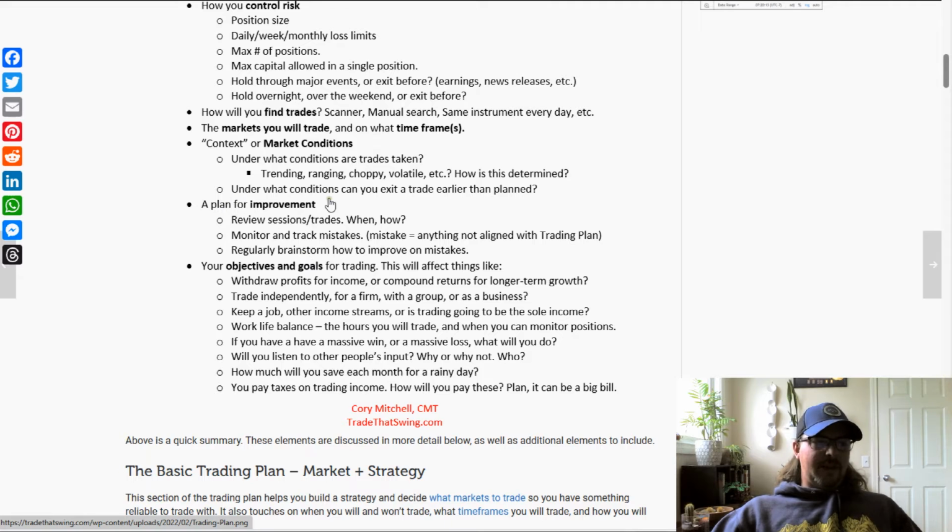You also want to plan for improvement. When are you going to review your trades, look at them, and see how you could have done better? We also want to monitor for mistakes. A mistake is any time we don't follow our trading plan. So in the beginning, our trading plan might be very simple, so we're following it, but we notice that we could do better if we actually included some additional rules or some additional conditions into our trading plan.